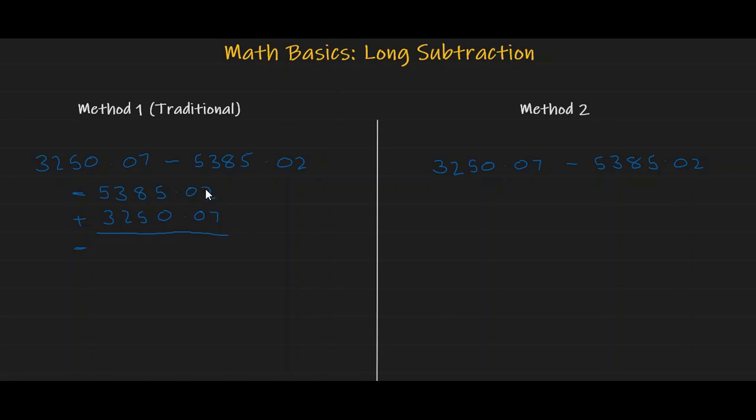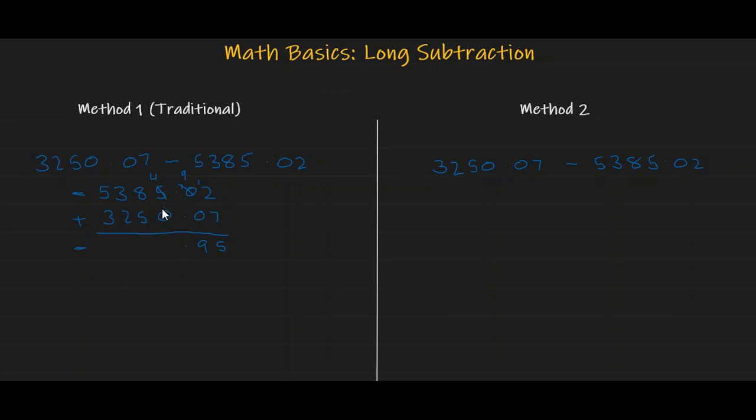2 minus 7. 2 is a smaller number, so we would borrow from the number on the side. Now this is 0, so you can't really borrow from here. So we would go to the next number. Now this is 5, so we turn this into 4, make this into 10, you turn this into 9, make this into 12. 12 minus 7, 5. 9 minus 0, 9.